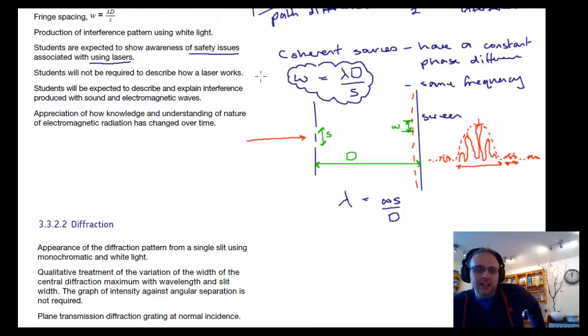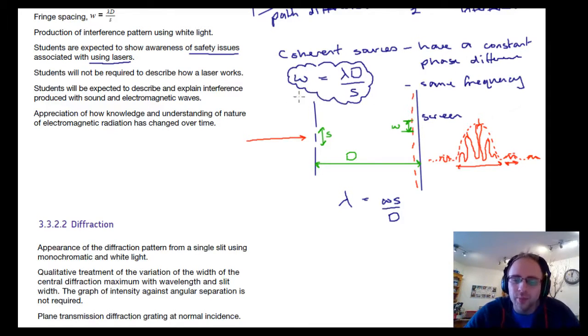I'm starving. So I have this equation here. If I decrease the wavelength, so if wavelength goes down, then fringe separation goes down. So if I have a shorter wavelength, for example, blue light, then my fringe separation would be less.